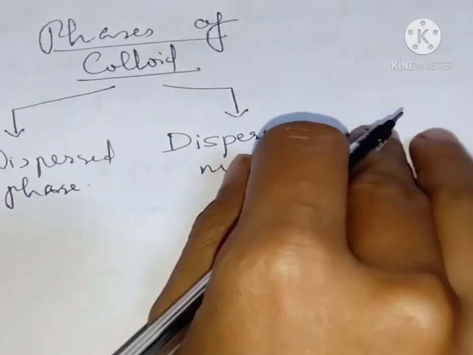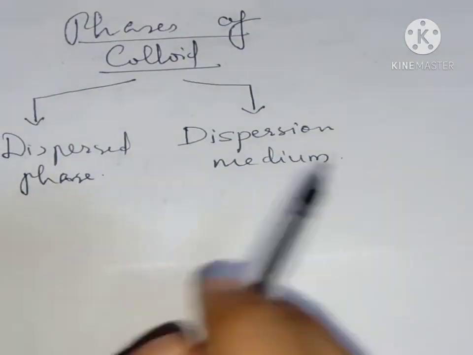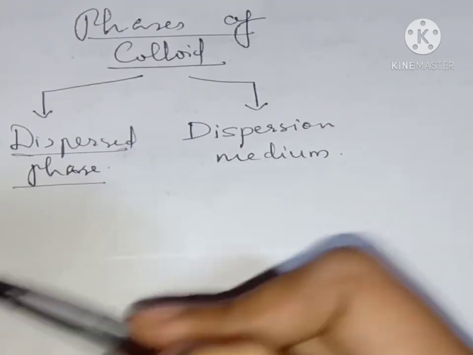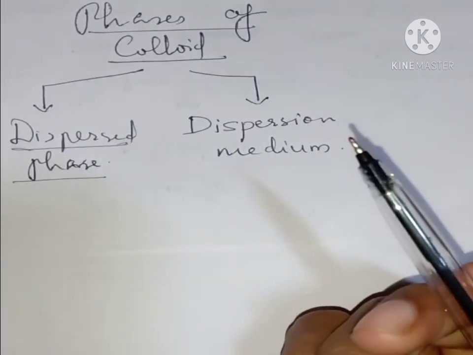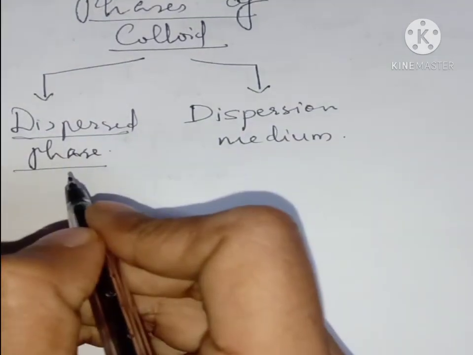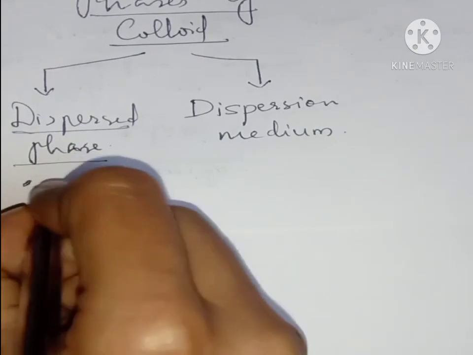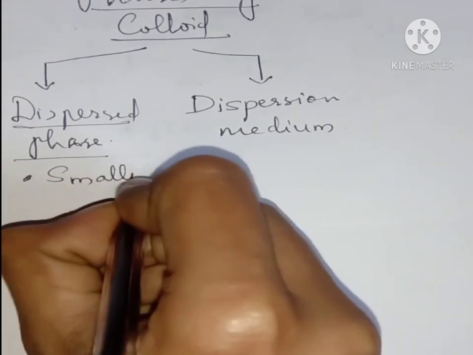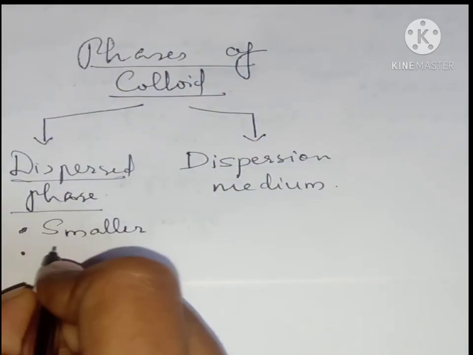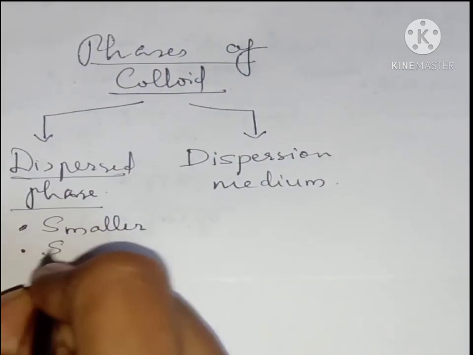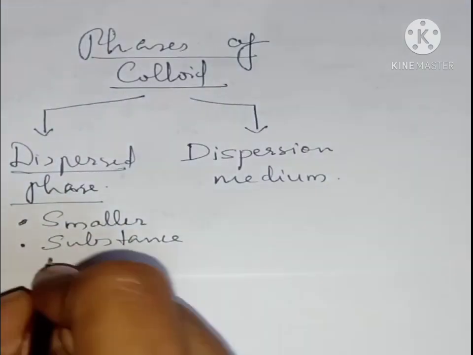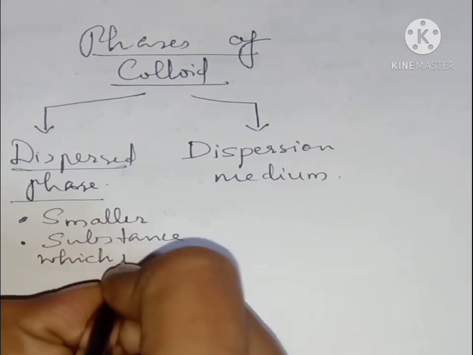It is same as that of the solute and the solvent in a true solution. Dispersed phase is similar to the solute in a true solution. That means dispersed phase means the phase which is present in smaller amount, and it is the substance which is dispersed in colloid.